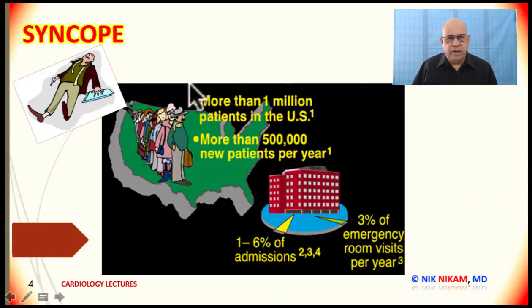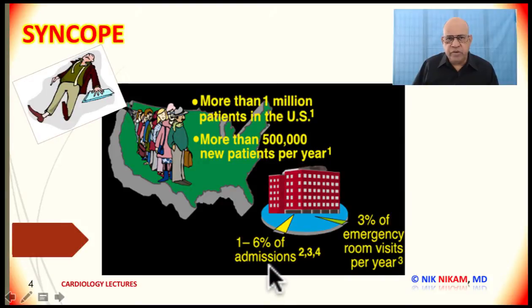How prevalent is syncope? More than 1 million patients in the US present with syncope. More than 500,000 new patients are diagnosed to have syncope each year. Syncope accounts for 3% of the emergency room visits each year, and it accounts for 1 to 6% of hospital admissions.